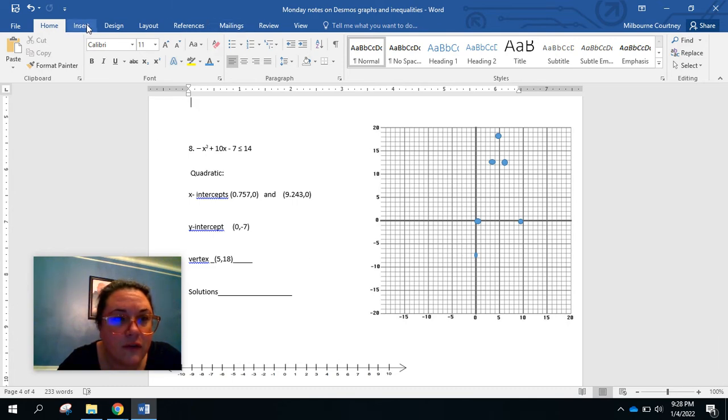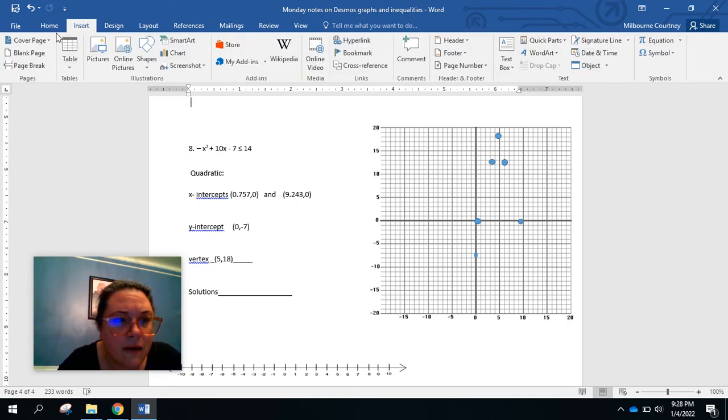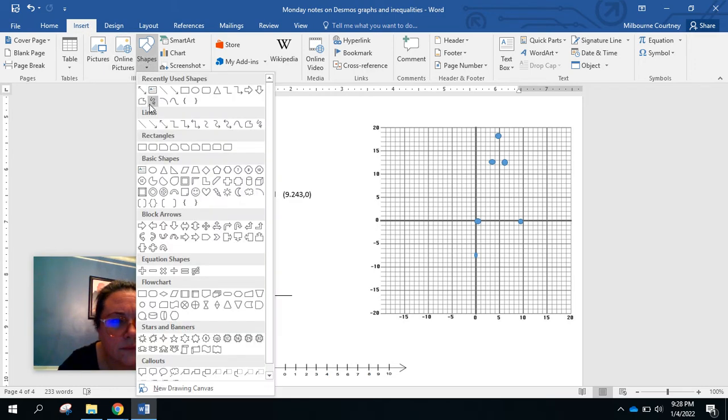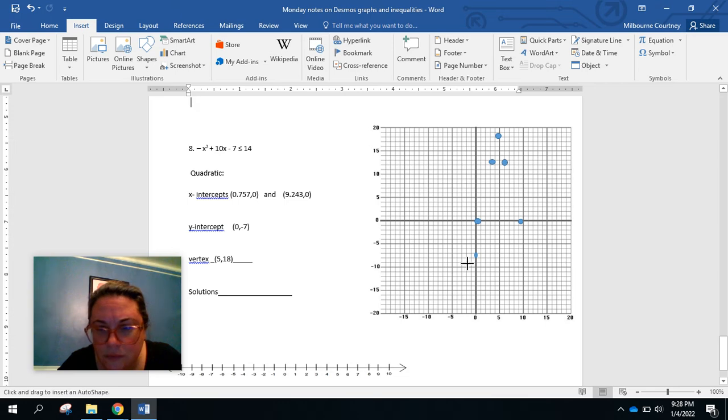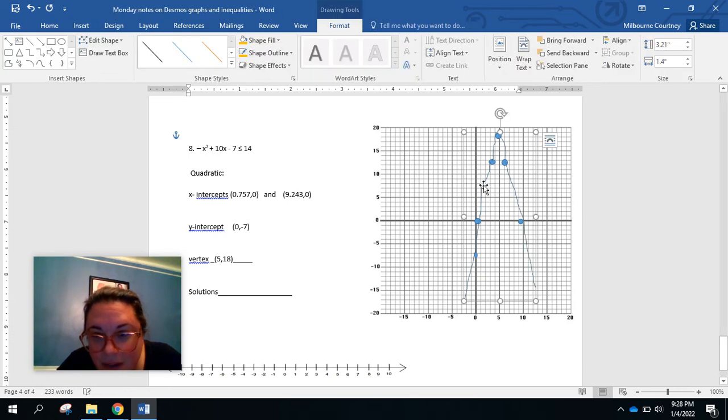And now I just need to go ahead with my squiggle. Come on. And give it my best go here. Ooh, look at that. It's terrible. Desmos does much better than I do on this.